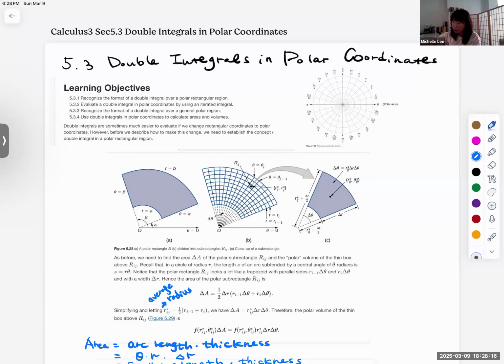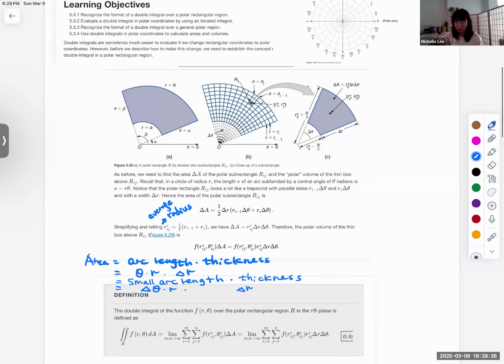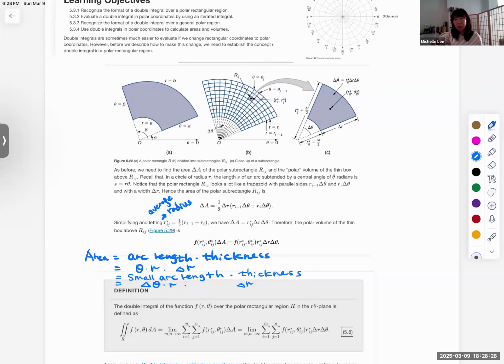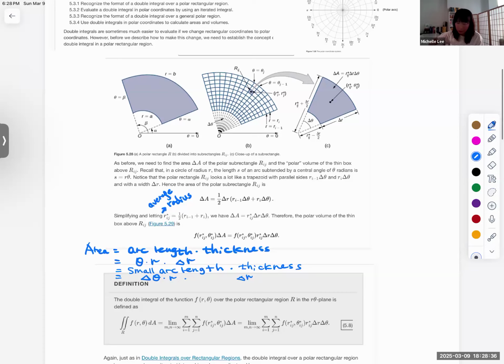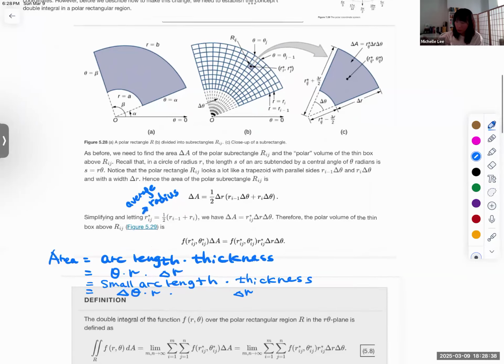Okay, so let's take a look. I got the polar coordinate system from Calculus 2 here. And look, Riemann sum. So double integration, Riemann sum. We try to find the volume or area, right? In this case, let's take a look.